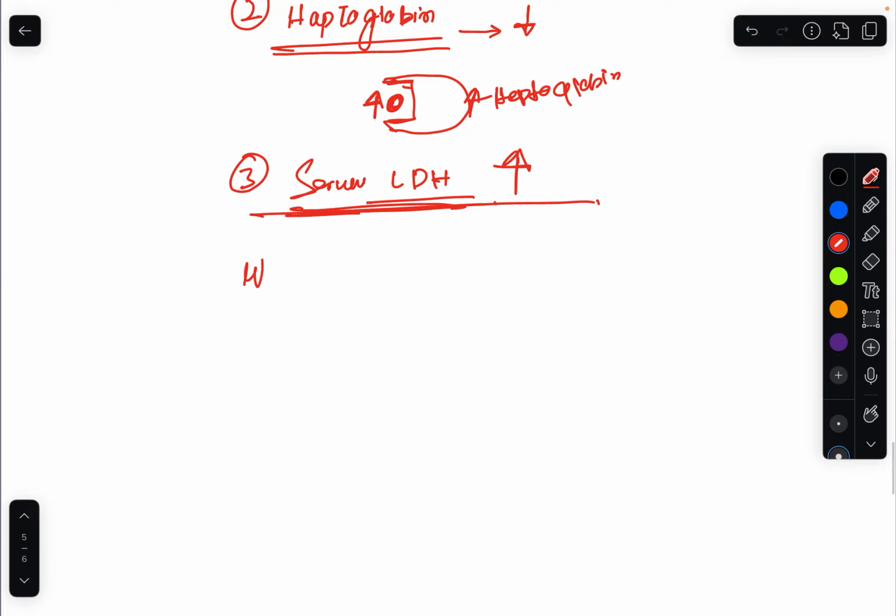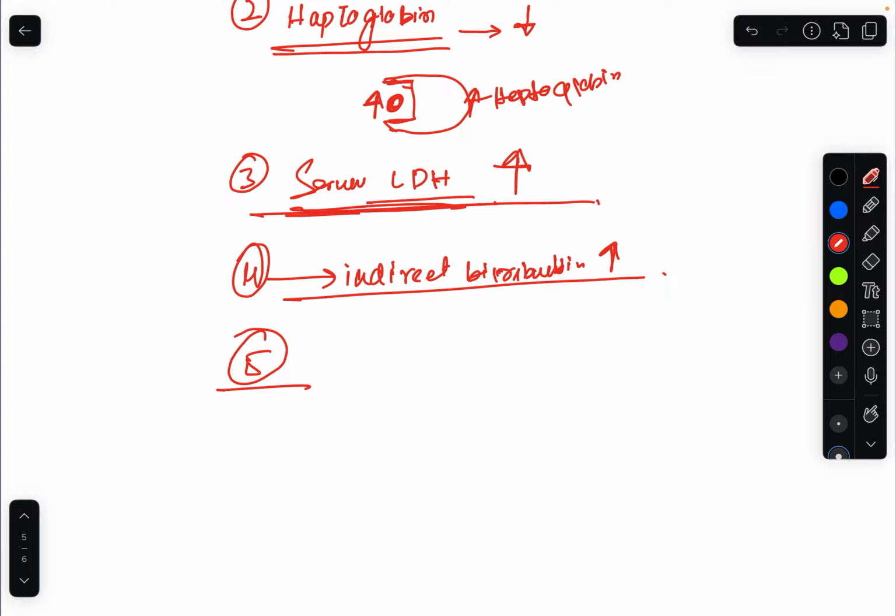Then when cells are ruptured, the products are used to make indirect bilirubin. So when there is hemolysis, indirect bilirubin will increase. And when there is hemolysis, if the bone marrow is working fine, it will try to compensate for that hemolysis.